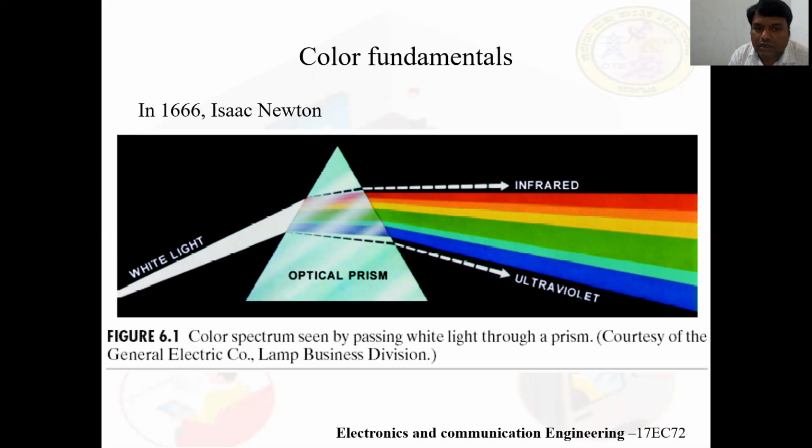You can see in the figure the color spectrum seen by passing white light through a prism: violet, indigo, blue, green, yellow, orange and red. It's called VIBGYOR.